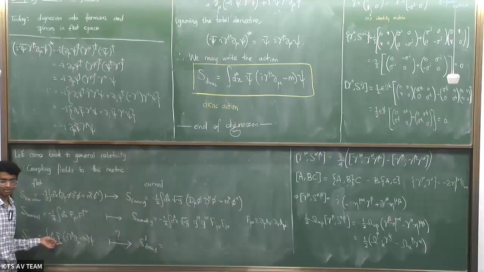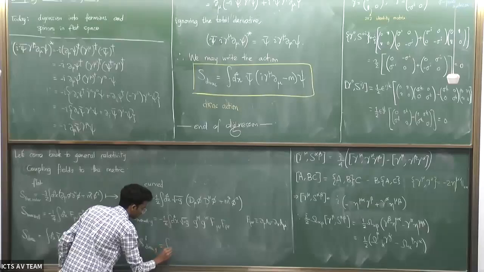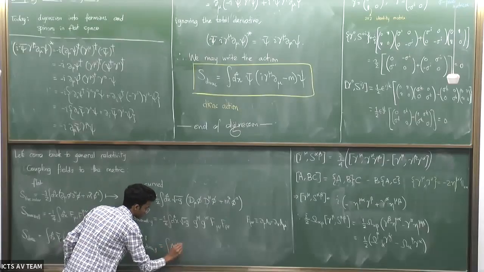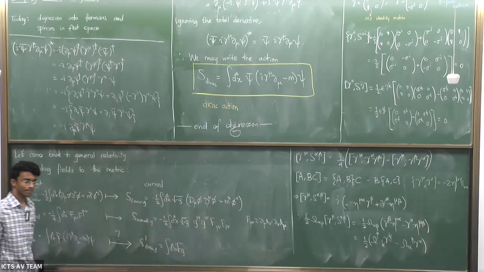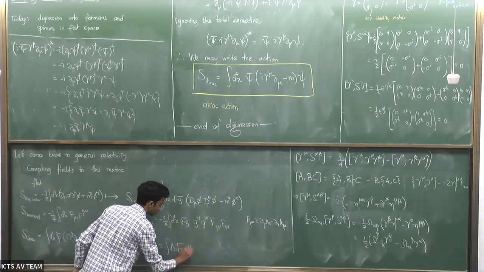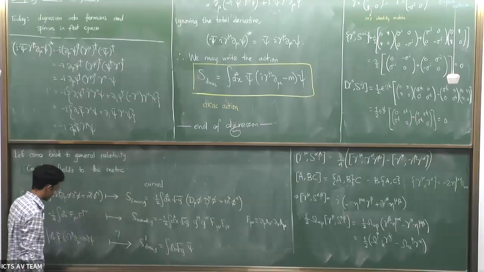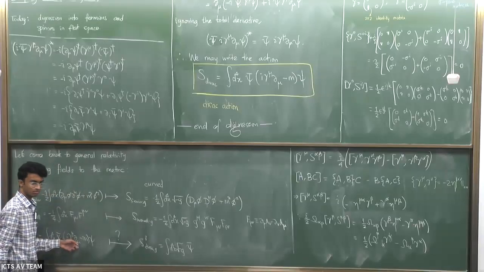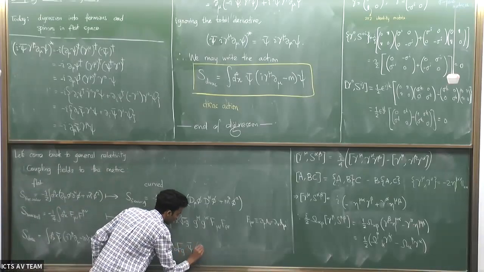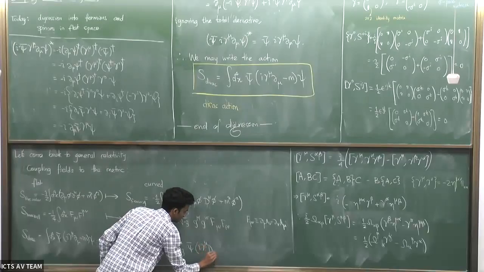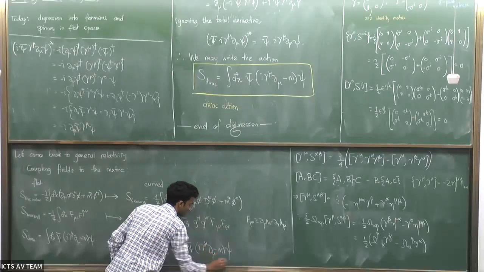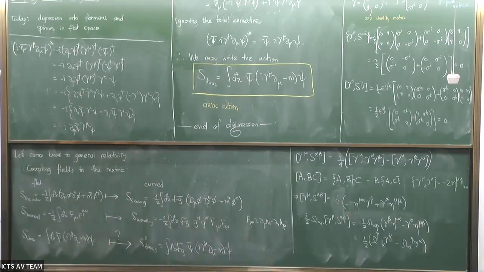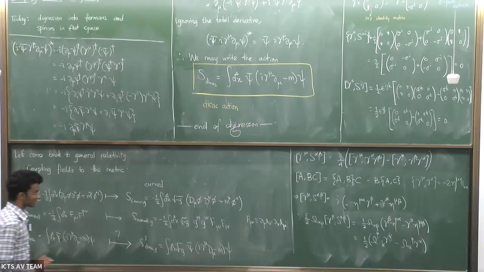By the same argument, I should probably make it d4x root minus g. What about the rest? I put a psi bar. Maybe I should make this a covariant derivative. So let me write i gamma mu D mu minus m psi. You throw your hands up and say, done. Okay, but this doesn't work.